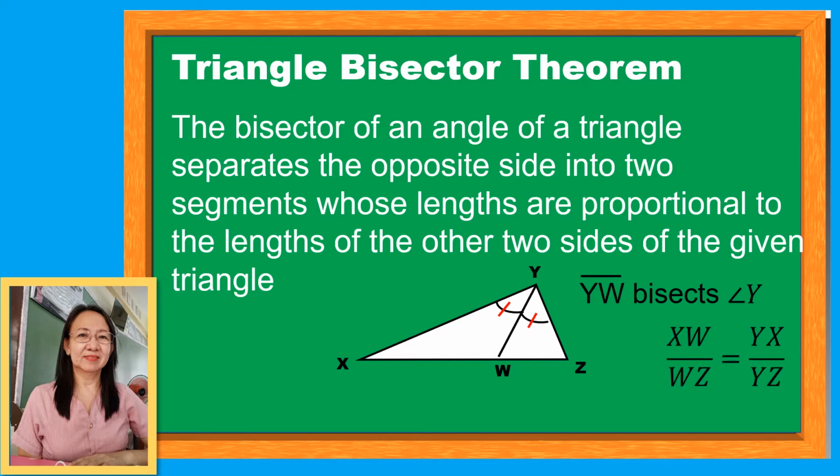Then we can have the proportionality between XW to WZ, and that is equal to YX to YZ, or vice versa, WZ to XW, and that is equal to YZ to YX.